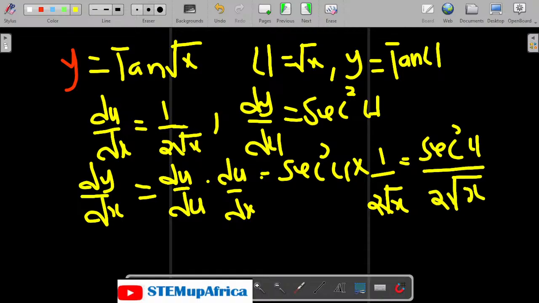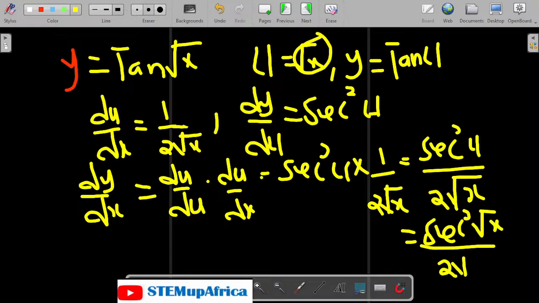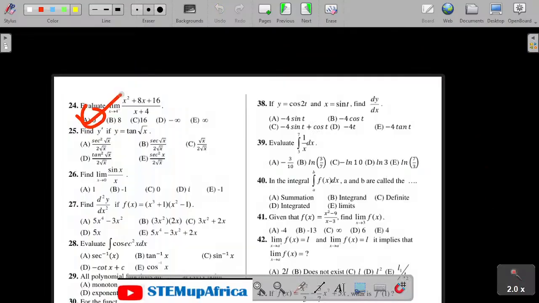Because sec squared u multiplied by 1 gives us sec squared u. What's our u? Our u was root x. I'm having sec squared of root x over 2 root x. Let's check that. Sec squared root x over 2 root x, which is option A.